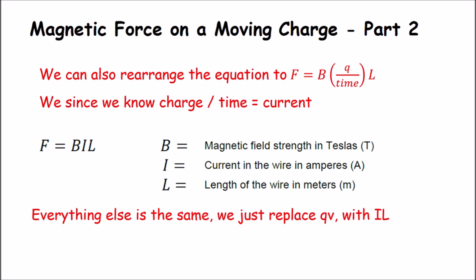Instead of QV, which is some charge moving through space, like the charges that are coming to us from the solar wind and hit our magnetosphere, and they get deflected based on this equation, BQV, the force on a wire gets deflected based on this equation, force equals BIL. Okay, so let's do one last example, and it's a wrap for today.